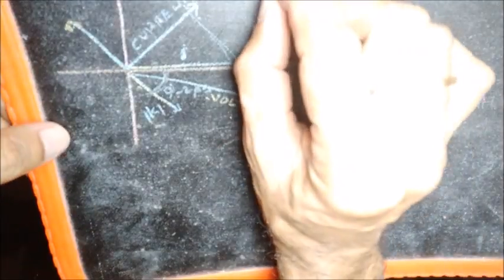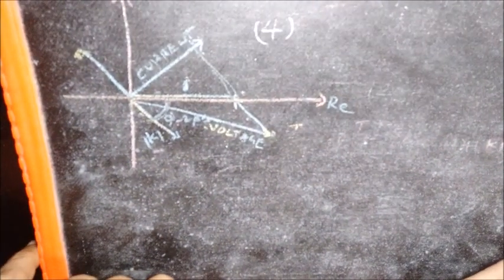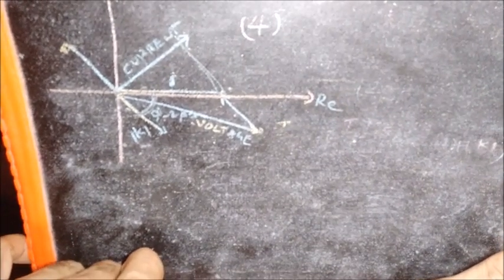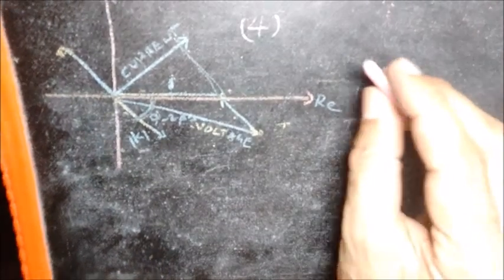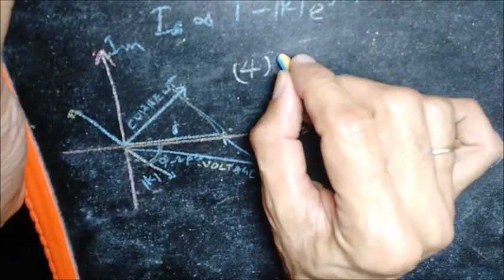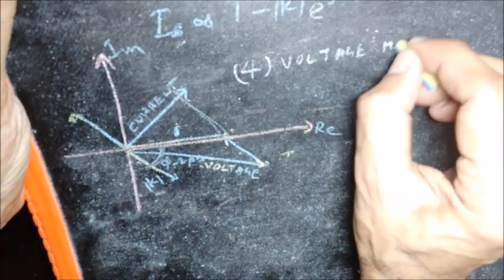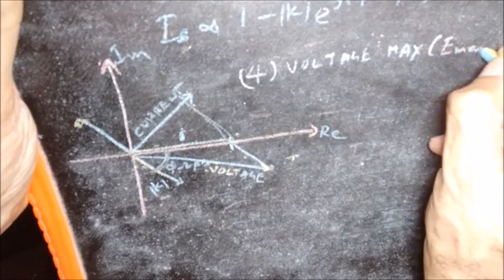Now the fourth observation is that voltage maximum and current minimum occur at the same location on the line. This is also interesting. Voltage max is the same as Emax.